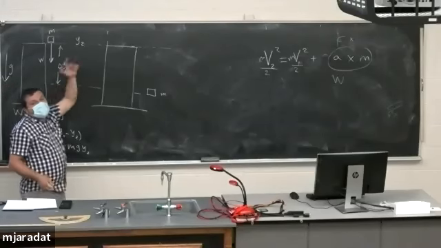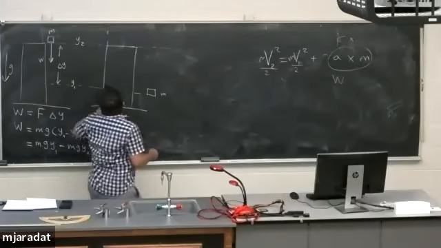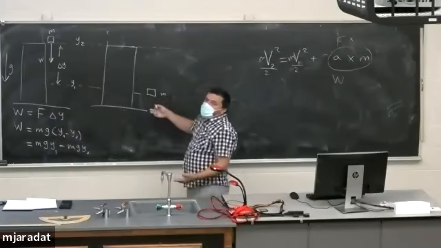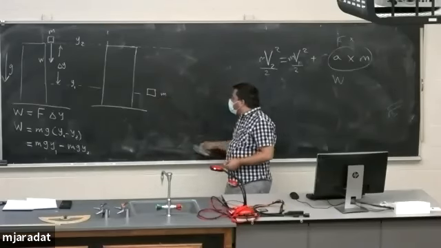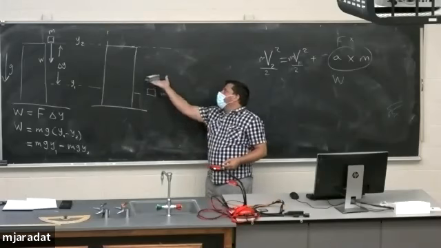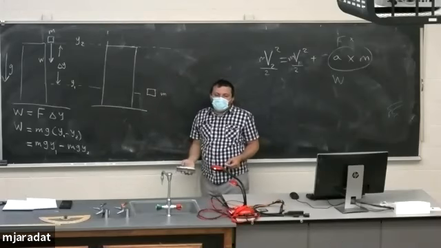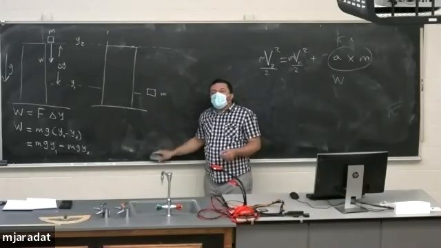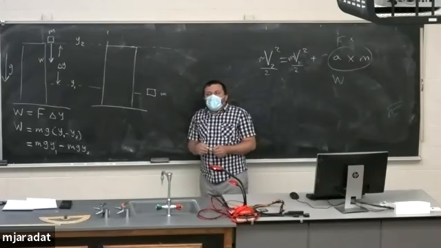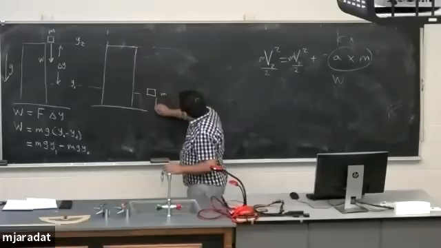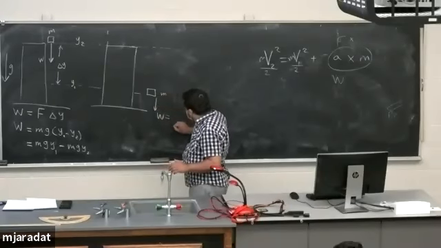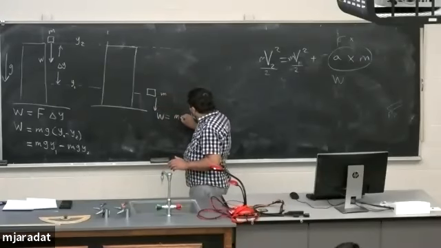What about the second experiment? We have y2, y1. Initially, we are at y1. What if we need to lift this object from y1 to y2? We don't need to have any acceleration. We have the weight, which is equal to mg.